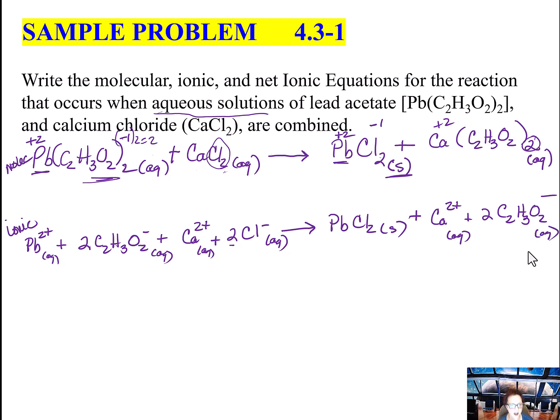So that's the ionic. All I did, just like when we're putting things together, is look at the ions. When I break them apart, I'm doing the same thing. Once I've done that, I want to see what the net ionic is.